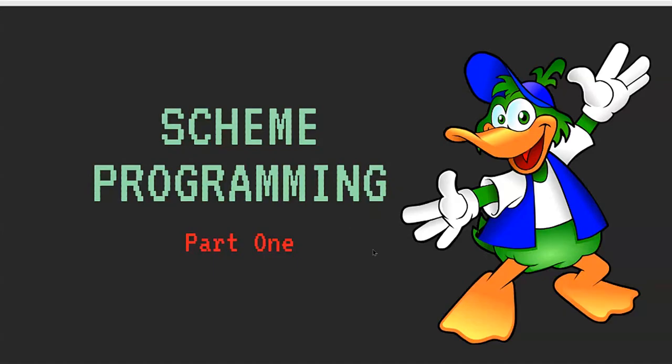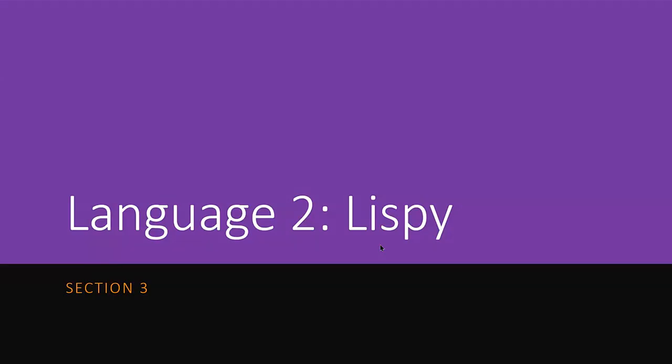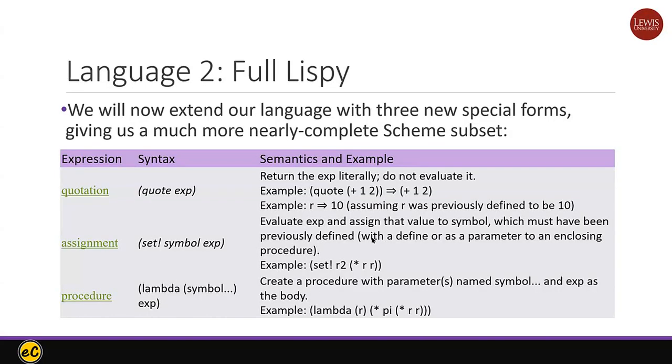The next one is to know about how to do the Scheme language, and we have a part one with the language to Lisp. And then your Lisp language is actually a small or reduced version of the Scheme language. So you include quotation, assignment, and procedure.